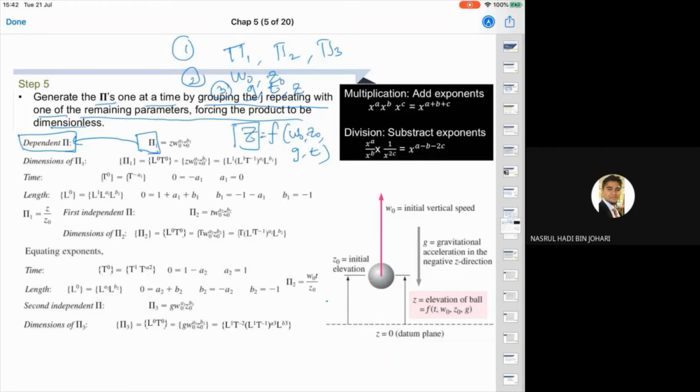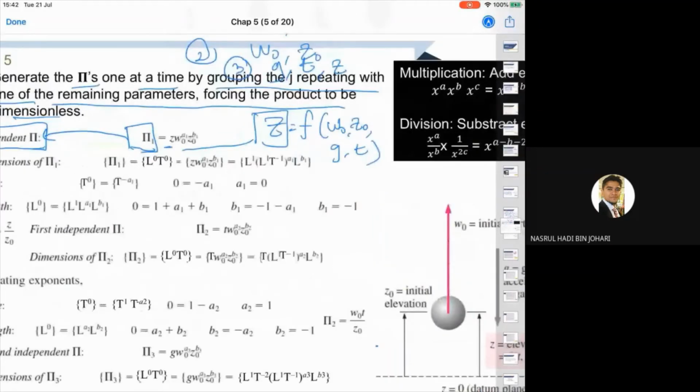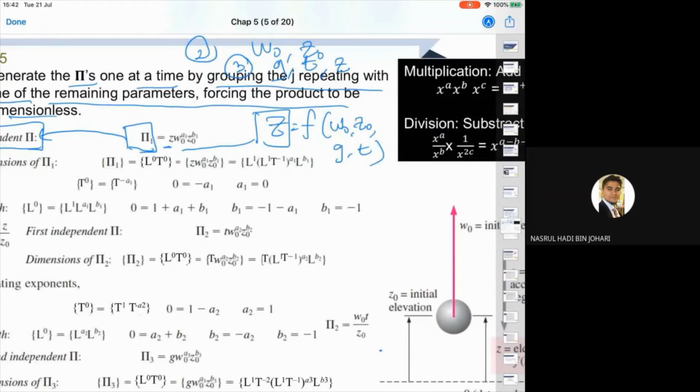So that's why Z, very small one. Okay. So Z times WO, W naught, initial vertical speed kan. ZO is initial elevation or initial level position of the ball before we release. And then we put A1, tengok ni, ada A1 kat sini, A1, ada B1.